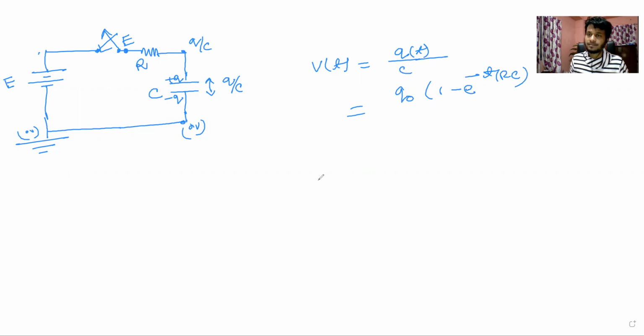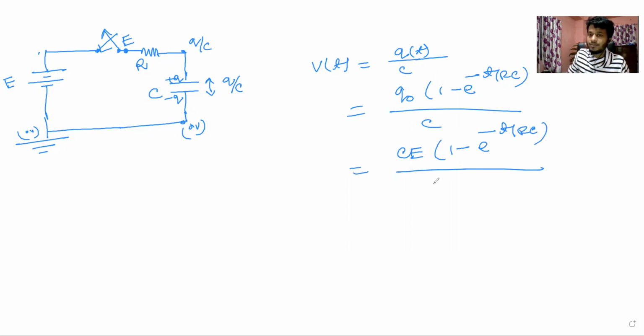Can we do it? Upon C, right? Q naught equals C E. So Q(t) upon C equals C E (1 minus e inverse t by RC) upon C. So C and C cancel each other, and this is E (1 minus e to the power minus t by RC), isn't it?